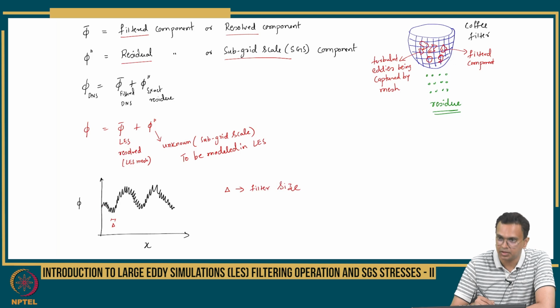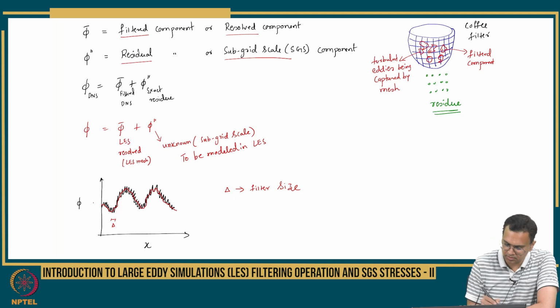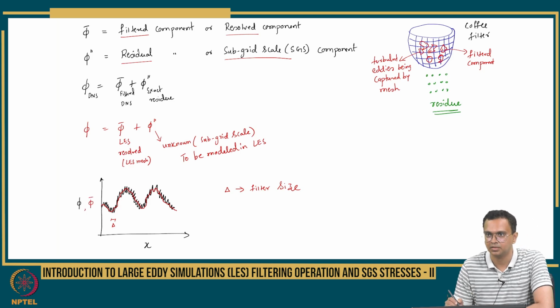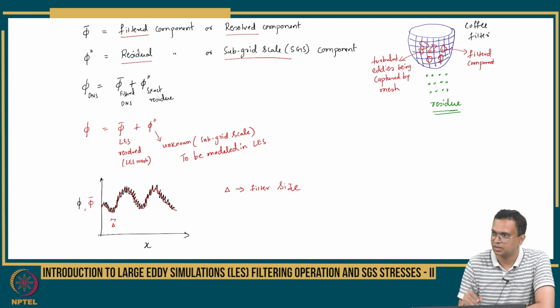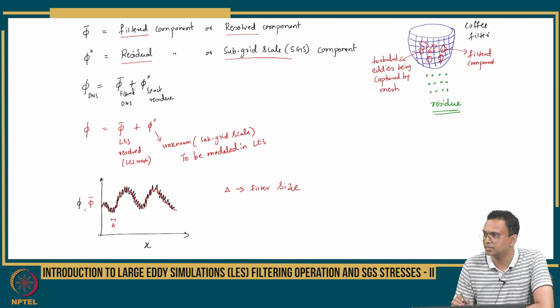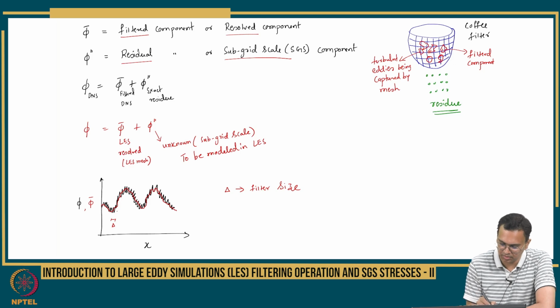Then if I do low pass filtering or volume averaging, this signal would look like this. So this is phi bar. It is still random. The phi bar is the filtered component, obtained by volume averaging the data over a filter size delta.